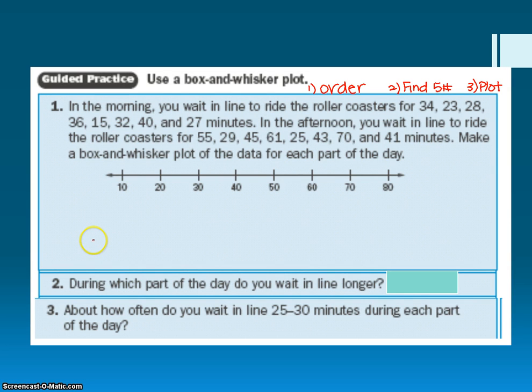Okay, number 1, you may need to do this on a separate piece of paper because we have to order it first. So 15, I cross them off as I go so I know I used them. 28, 32, 36. See, I missed a 27.